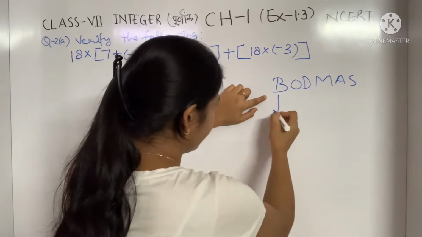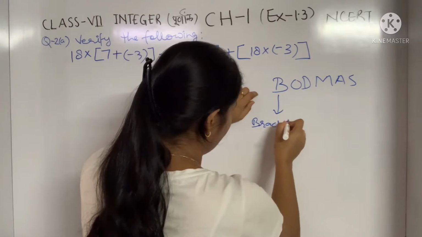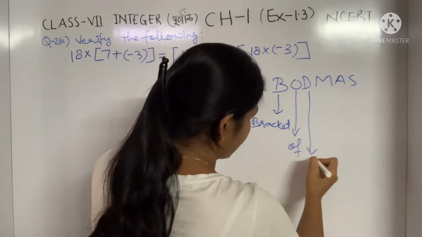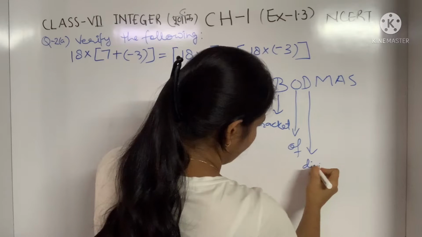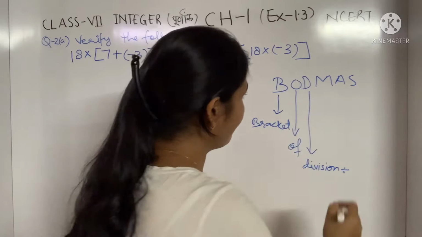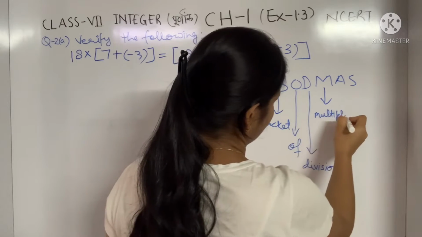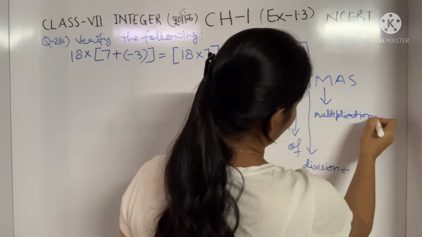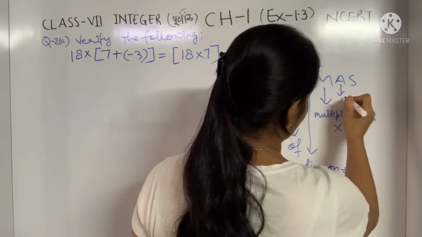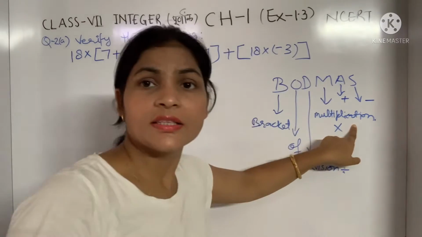B stands for bracket, O stands for of, D stands for division, this sign, and M stands for multiplication, this sign, and A stands for addition, the plus sign, and S stands for subtraction, this is the minus sign.